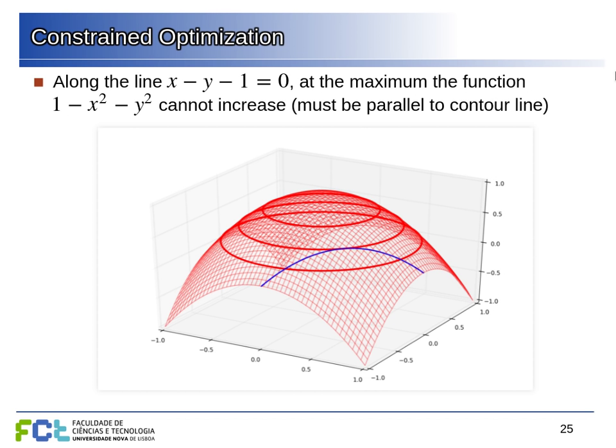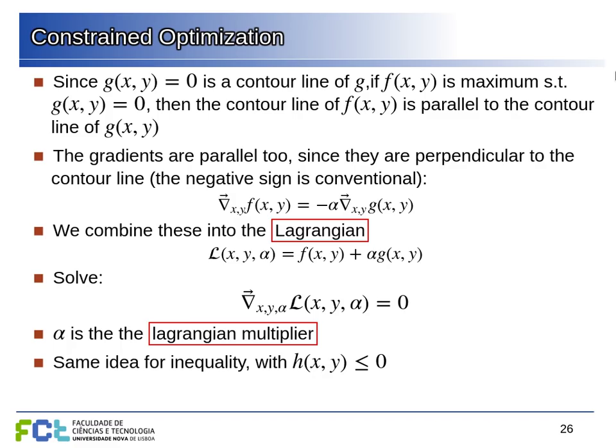So basically, when we find the maximum of our function subject to a constraint, we find a point where the contour line defined by the constraint function is parallel to a contour line of the function we're trying to maximize.